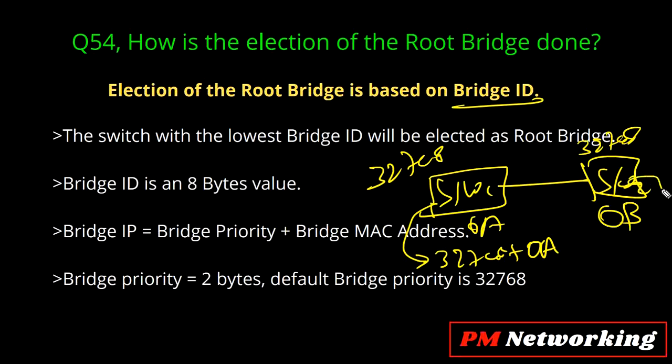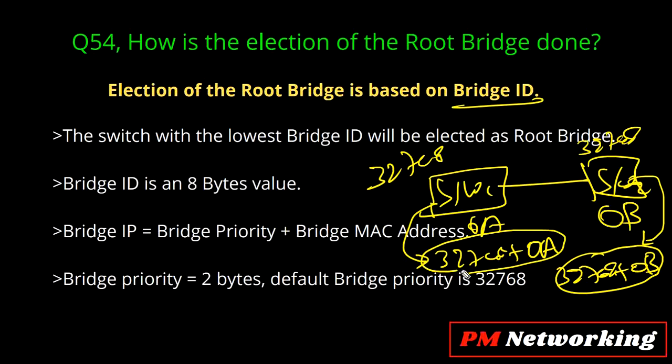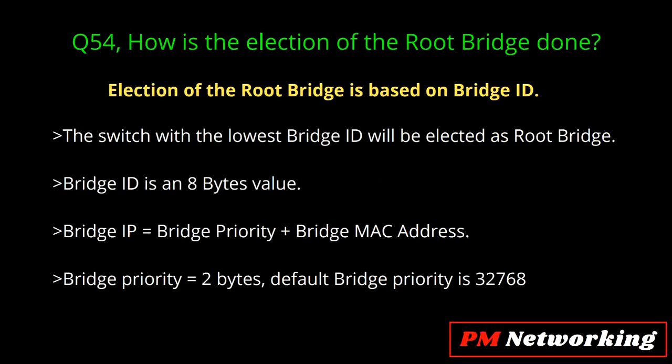The bridge ID of switch 2 is 32768 plus 0B. Now which one is lower? This one is lower, right? So switch 1 will become the root bridge switch. Now switch 2 will block one link, either this link or this link. So this is the root bridge election process, right?